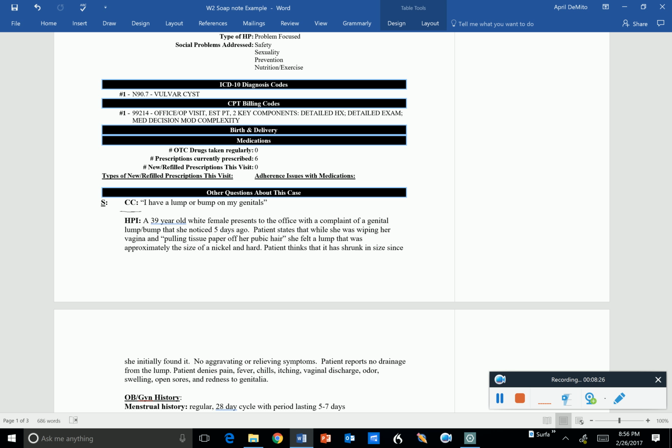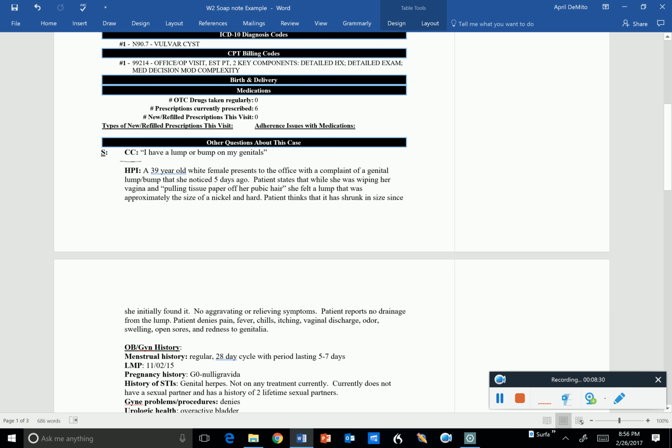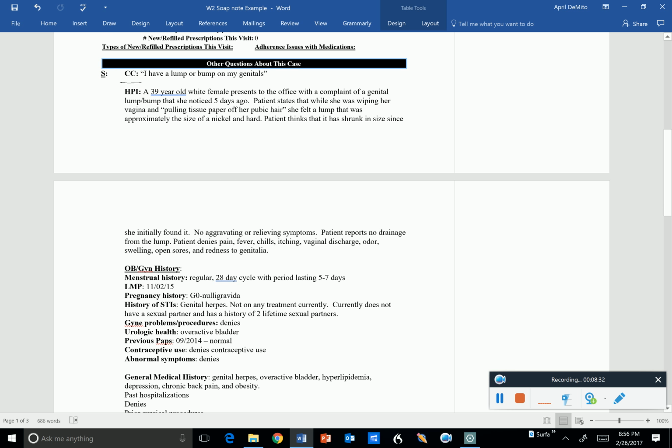But it all goes back to the CC. And I had said on some of your SOAP notes that you had put information in there that belonged in the review of systems. So it's okay to add stuff on here in your SOAP note, in your HPI, if it's related to the CC. But if it's not related to that CC, it belongs in your review of systems.